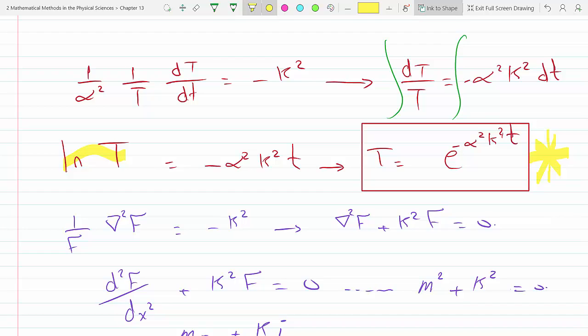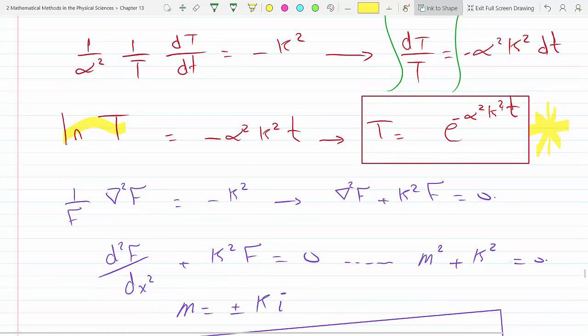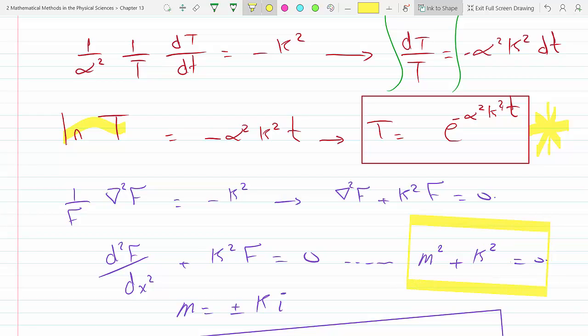And then the second derivative would be m squared, if you remember, plus k squared equals 0, and you solve for m, and then whatever you get for m, you plug it back into the assumed exponential solution. I skipped a few steps, assuming you know the assumption e to the mx, and you differentiate and plug back into the differential equation. This is your characteristic equation here.